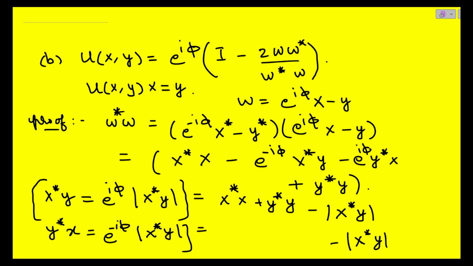So let's put this in the box as well. You have x star x plus y star y minus 2 absolute value of x star y.